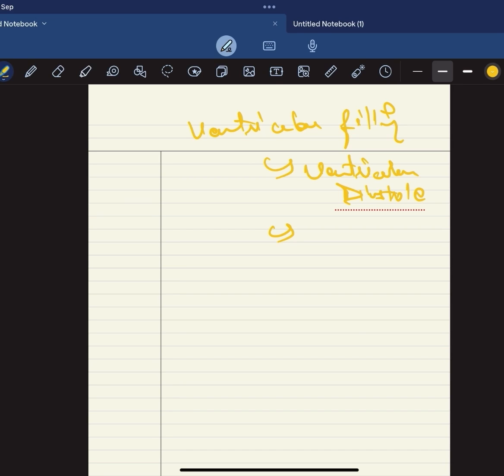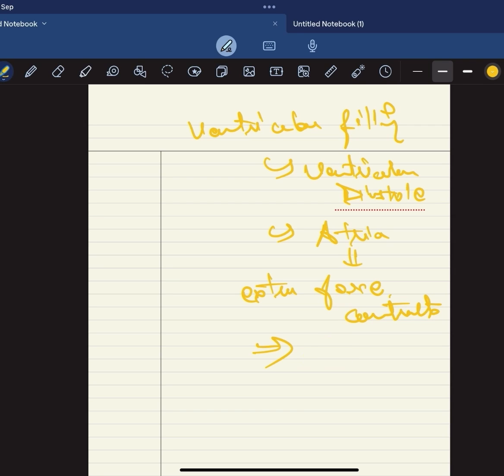After that, for the little blood that is left over, the atria has to exert more force. The atria exerts extra force and contracts so that the left-out blood is also ejected into the ventricle. That is called atrial systole.